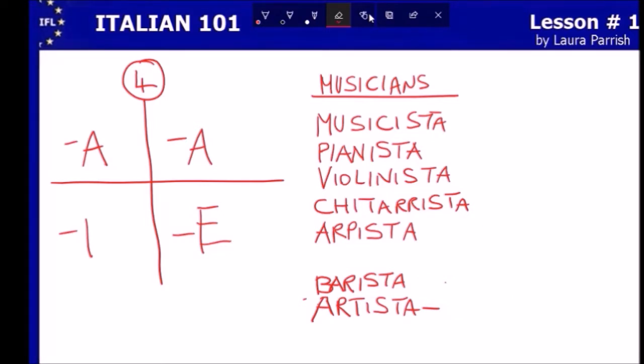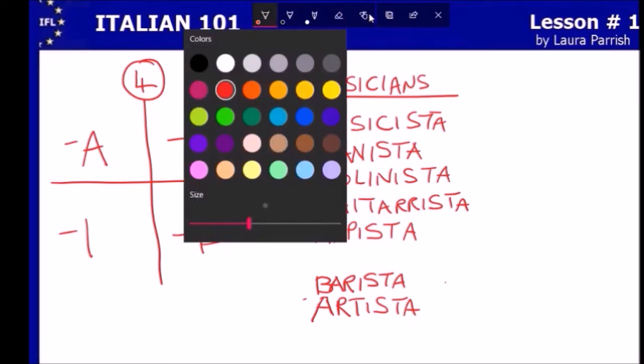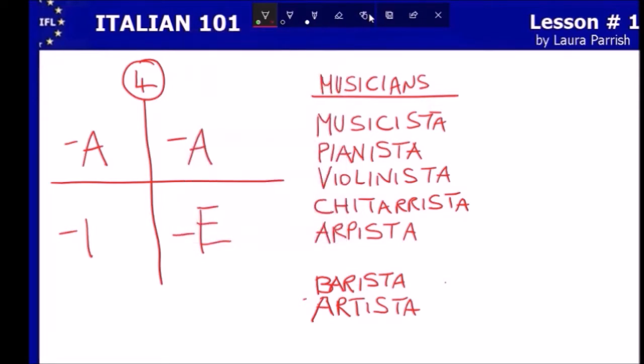Okay, so here, let's say, for example, to change, I never use green, let's use green just to change. Musicista, let's say that this musicista is a guy, so it will be musicista, right?